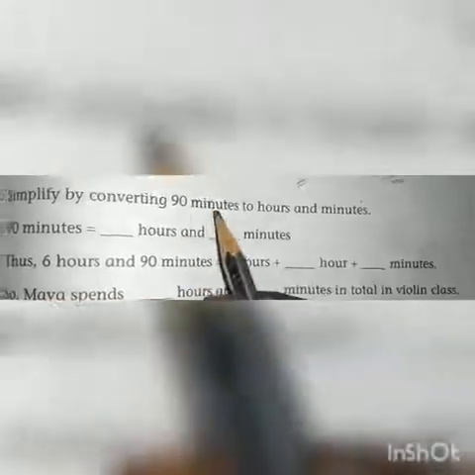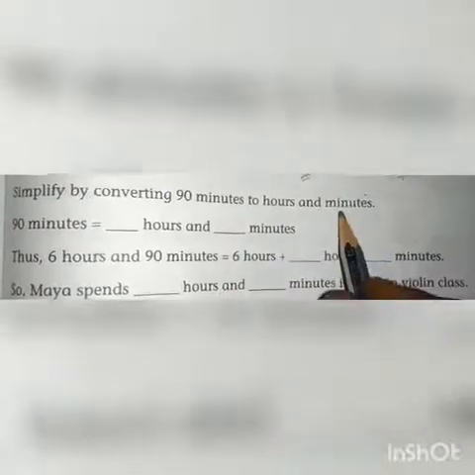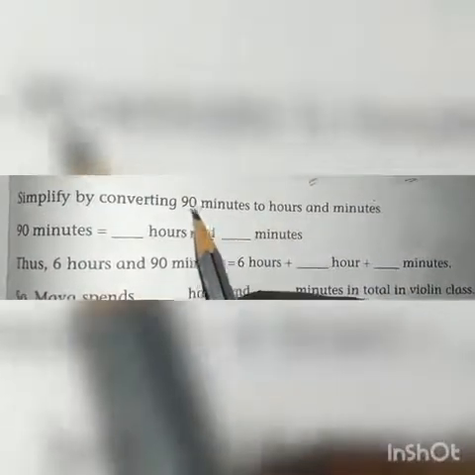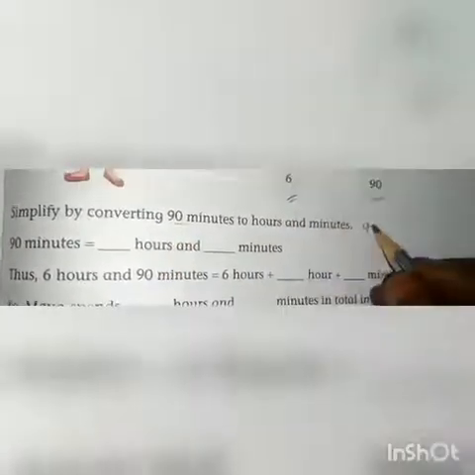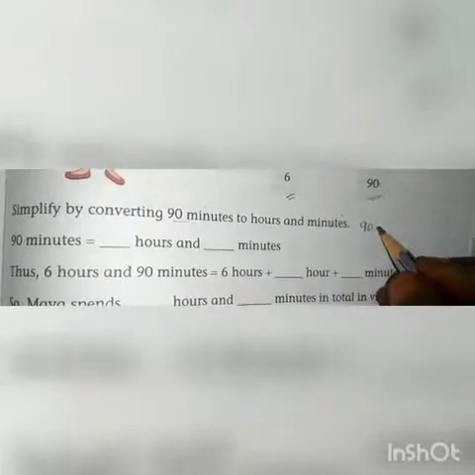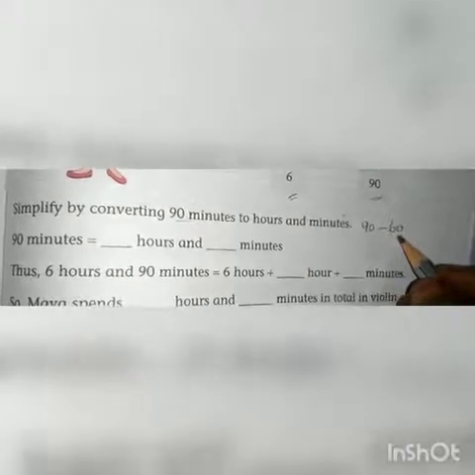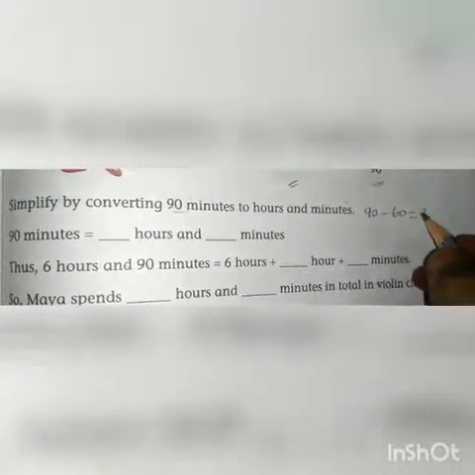Convert 90 minutes into hours and minutes, because 90 minutes have 1 hour. If we have 90 minutes, we have to take away 60 minutes. Take away means subtraction. We have to take away 60 minutes to get an hour. 90 minus 60 is 30.